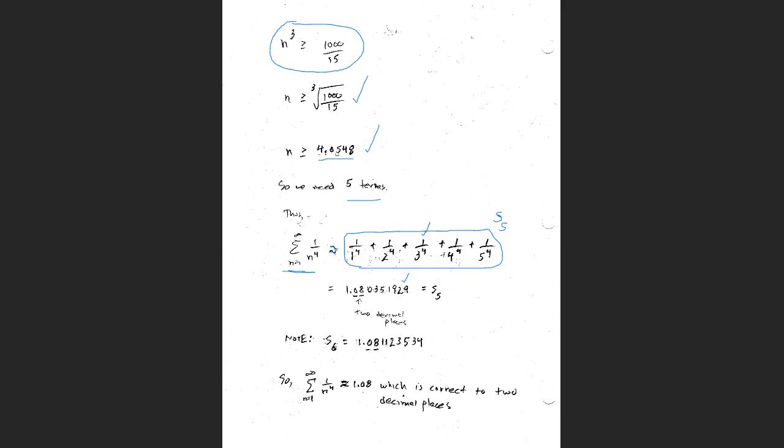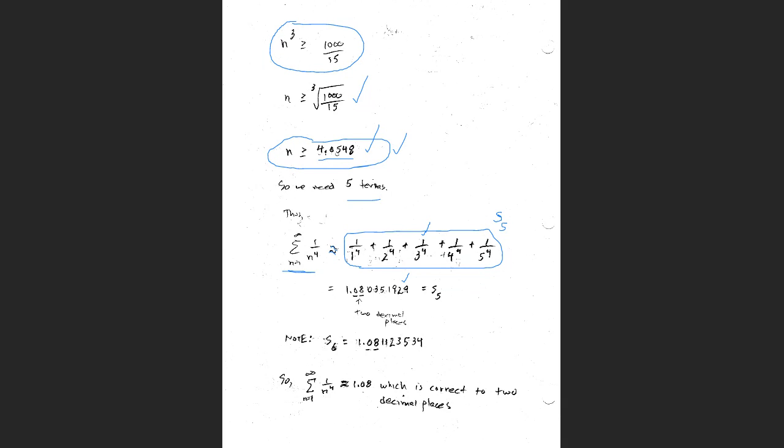The reason we need 5, Felicity wonders. Well, your n was greater than or equal to 4.0548. So that tells me, can I add 4 terms? I can't do 4 terms because n equals 4 is not enough. I need at least 4.0548 terms. But how can I add 4.0548 terms?